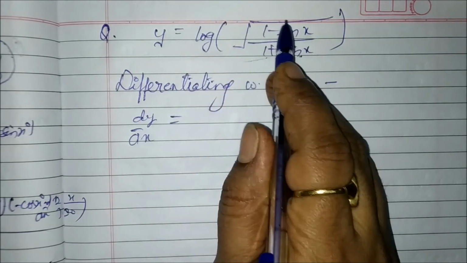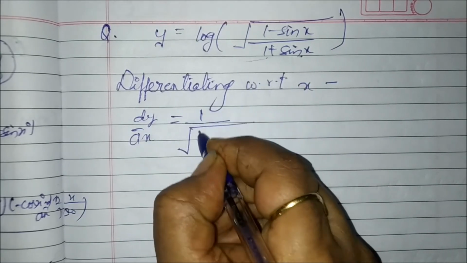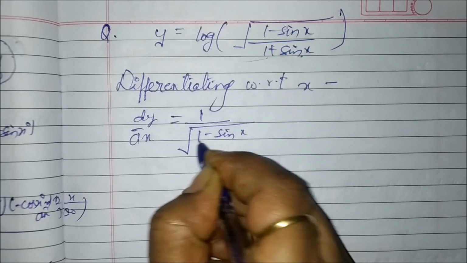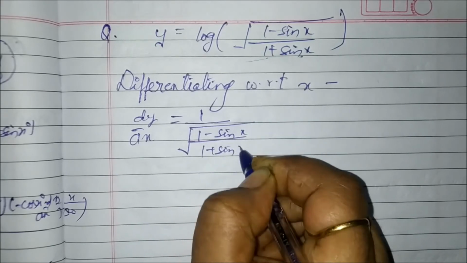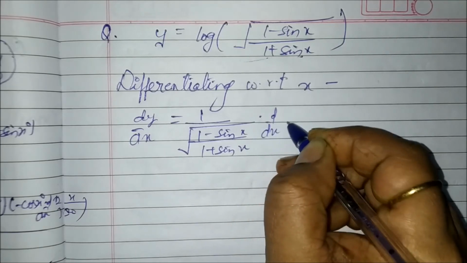so we get 1 upon the root of (1 minus sin x) upon (1 plus sin x), into d by dx of this root function.